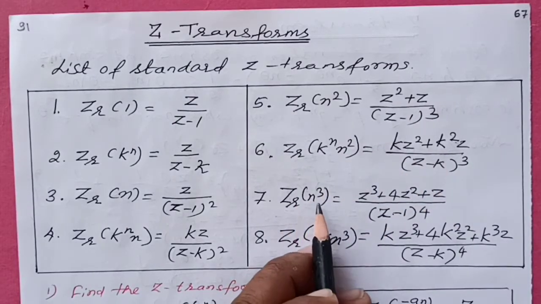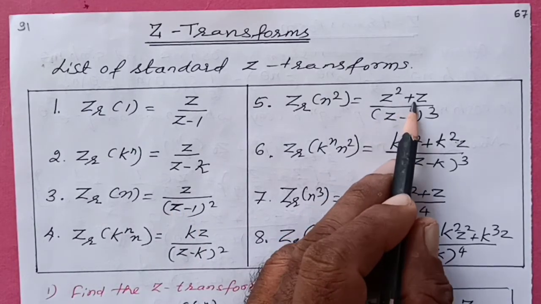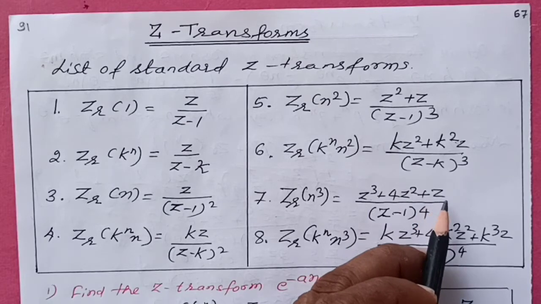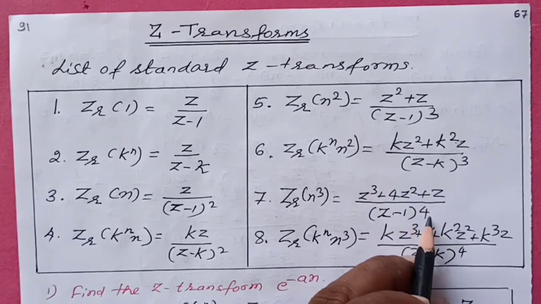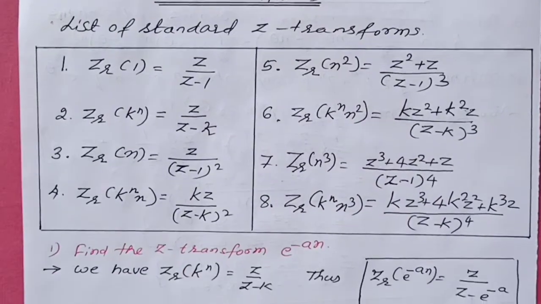Next, the Z transform of n cube is the same, here Z square plus Z is there. Here it is Z cube plus 4Z square plus Z divided by Z minus 1 raised to 4.